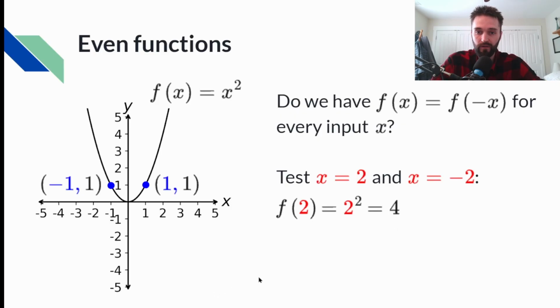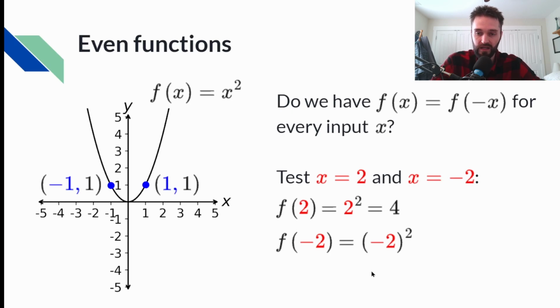Now let's try f of negative 2. Let's see what we get. f of negative 2 is equal to negative 2, whole thing squared. Take what you're given and square it, so we need parentheses here.